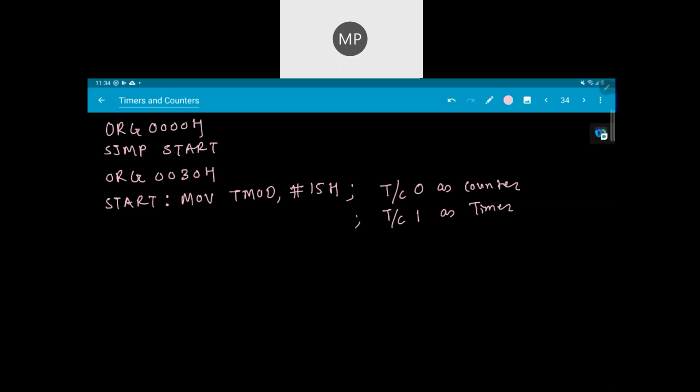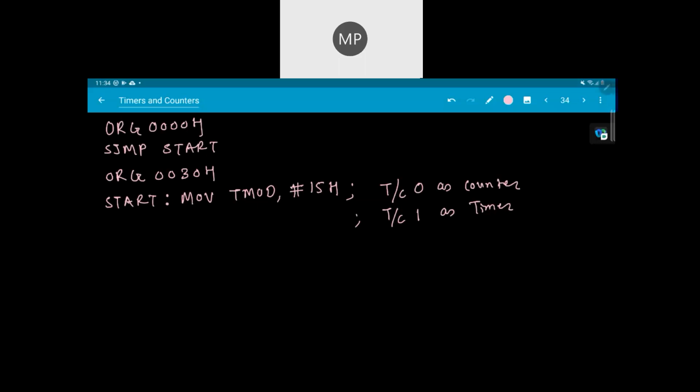Okay, now once we have written the value of TMOD, let's declare the pin as an input pin. To declare this as an input pin, remember this, I guess one lecture back we made some mistake and we declared the pin as an output pin by sending 1 to it.